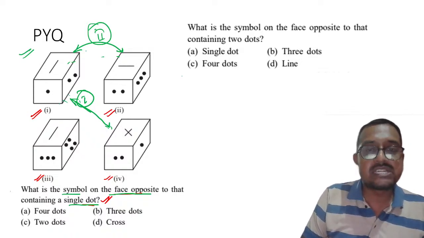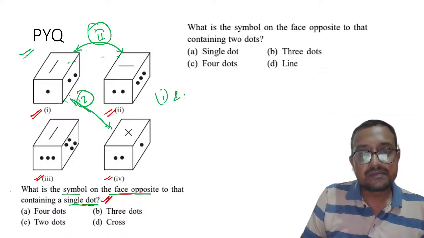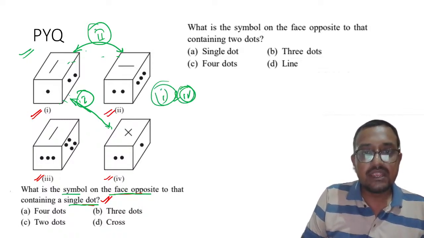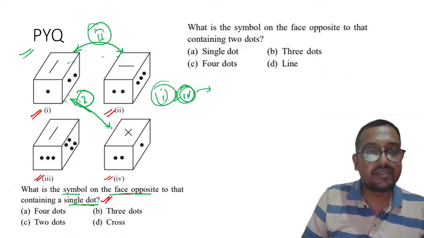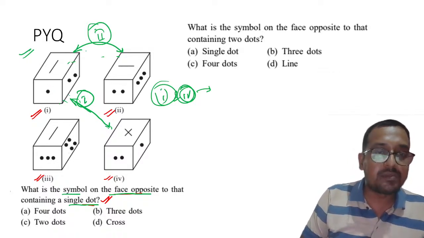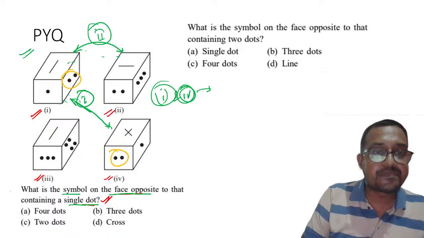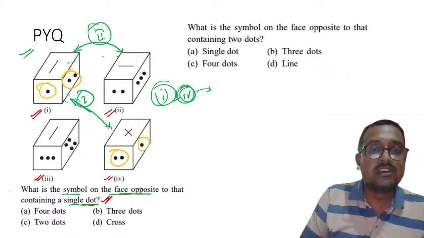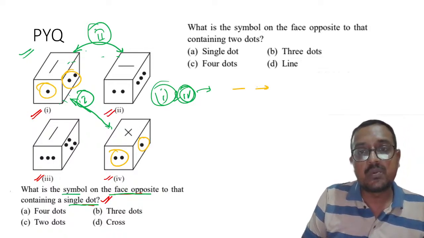If you choose first and fourth, it has only one face common. No, two faces will be common. Sorry, extremely sorry. Two faces will be common. So second is common, first is common. So you know that dash is opposite to cross. Dash is opposite to cross.